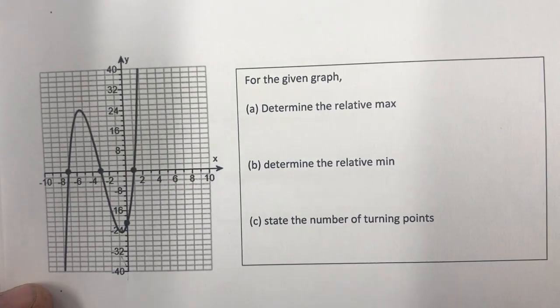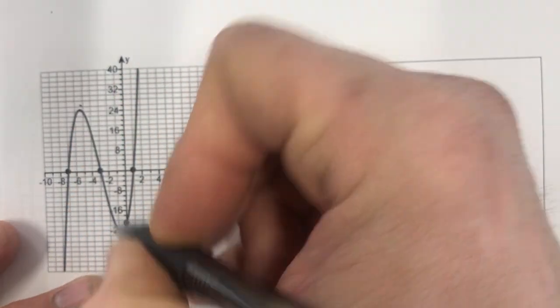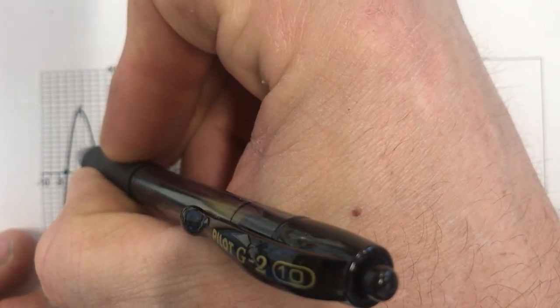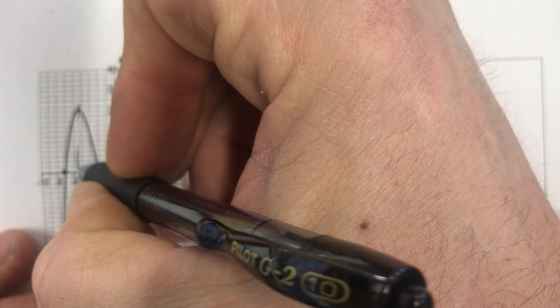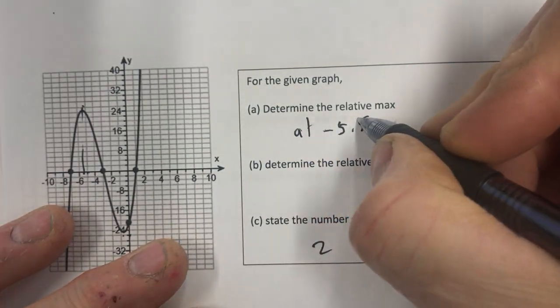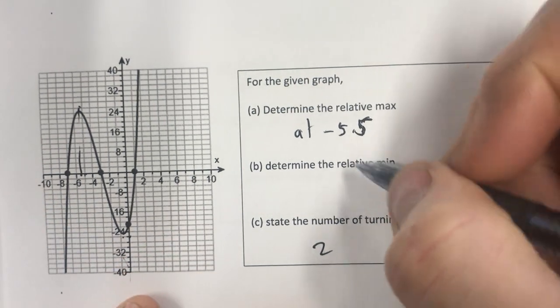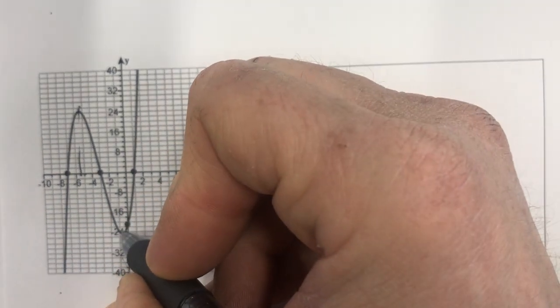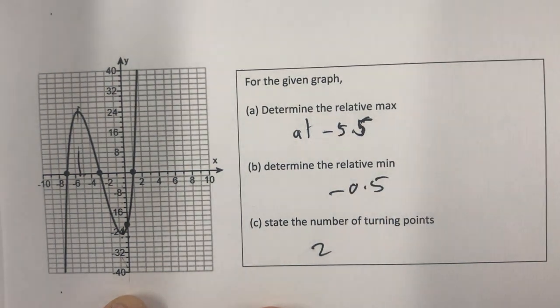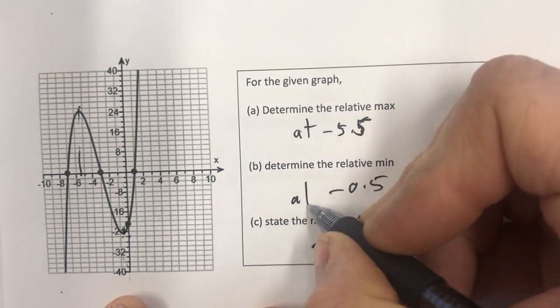On this one, see, we got 2 turning points there, 1, 2. The relative max is this one, so it looks like it's right here, negative 5.6, negative 5.5. And the relative min occurs right here, which looks like it's negative 0.5. So that's where it's at.